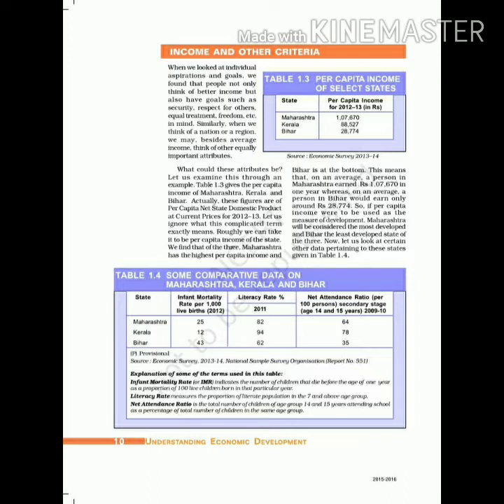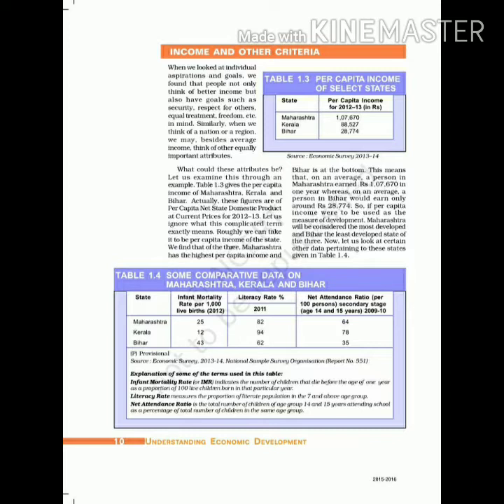This rate indicates the number of children who die before the age group of 1 as proportion of 1000 lives born in particular year. So in this infant mortality rate states the number of children who die before the age group of 1 year.